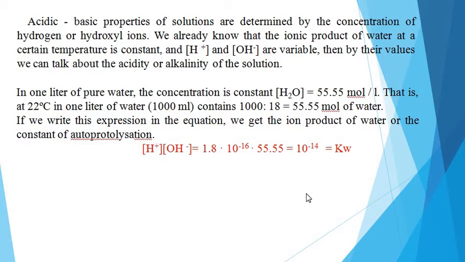If we write this expression in the equation, we get the ionic product of water, or the constant of autoprotolysis. It takes the form of the product of the concentrations of hydrogen and hydroxide ions equal to the constant of autoprotolysis, and it's equal to 10 to the minus 14 power.